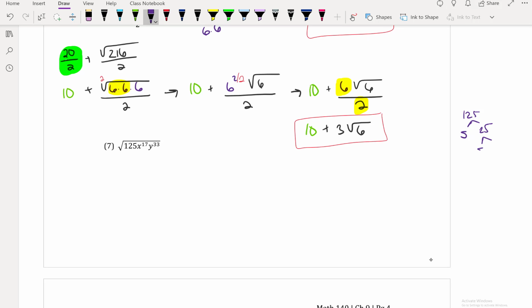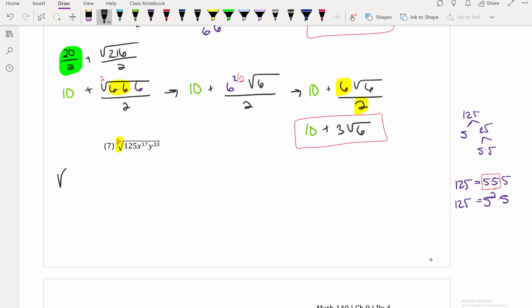But 25 can be broken down as 5 times 5. So I know that 125 is 5 times 5 times 5. And let's take a look at the index. This index here is really a 2. So I'm going to go ahead and group that and say that this is 5 squared times 5.